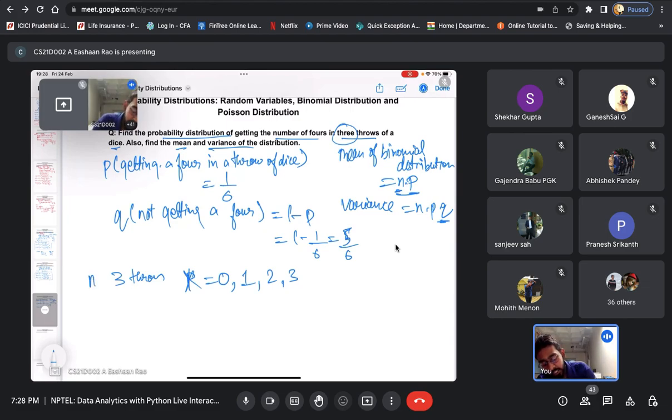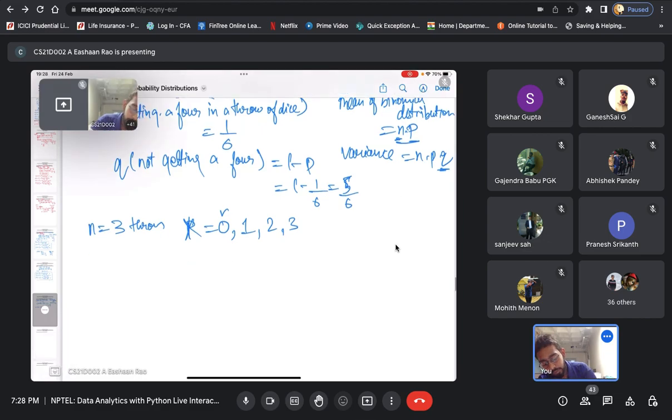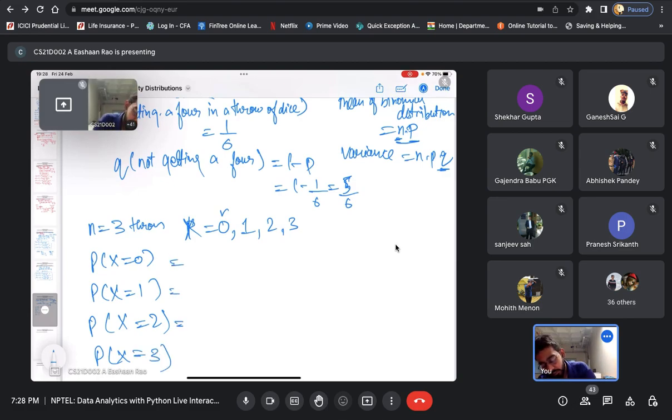So n is equal to 3, and r will be 0, 1, 2, 3. If I have to calculate the probability distribution, I need to calculate for all these scenarios. So it will be 3C0: out of 3 throws, 0 number of times that I got the 4, and success is 1 by 6, so 1 by 6 raised to 0 and 5 by 6 raised to 3.